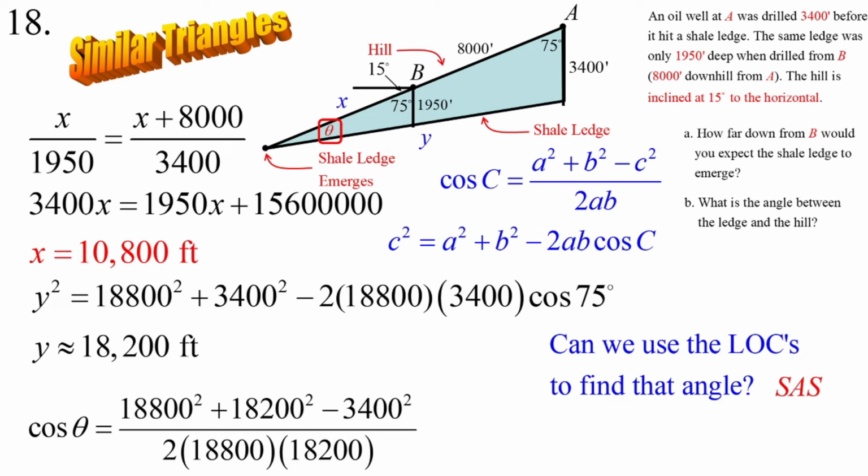Inverse cosine of open parenthesis and then another open parenthesis of 18,800 squared plus 18,200 squared minus 3,400 squared, and then I close that parenthesis, and then I'm dividing by parenthesis 2 times 18,800 times 18,200, and I close my divisor, and I close my inverse cosine, and everything's in perfectly. Look, I checked that one, and it's got to be perfect.